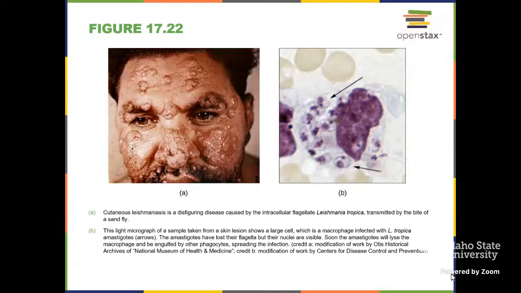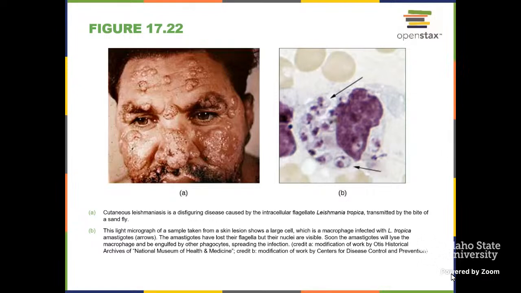These guys, when they get into the macrophage, cause that macrophage to basically shut down. They don't destroy or digest these microbes that have got in there. They basically shut down that process and are immune to the destruction properties of those cells. They live inside of them, replicating and destroying those macrophages.